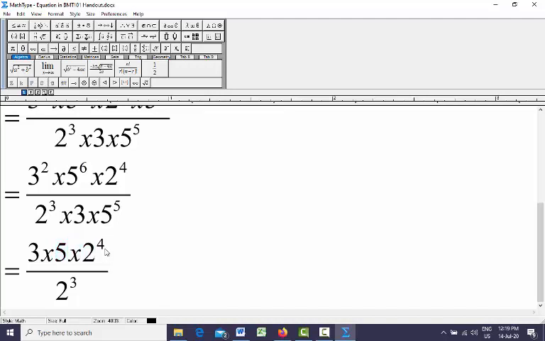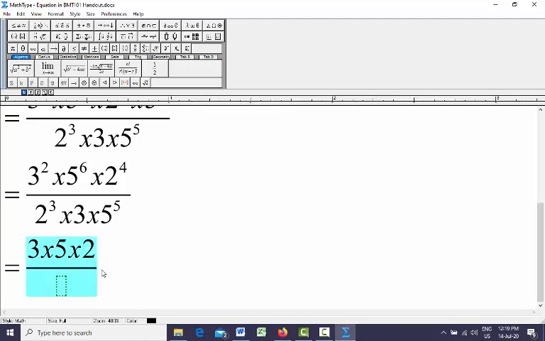Now this one, we have 2 power 4 and we have 2 power 3. So in the numerator, this one will be cancelled out. In the numerator, we will have only 2 power 1. As I said before, if you have power 1, you can just ignore it. So that means we will have only 3 power 5, that means 15 multiplied by 2, that means 30.